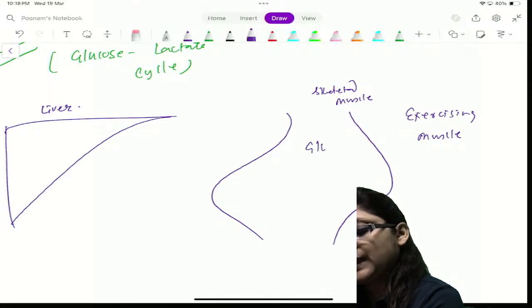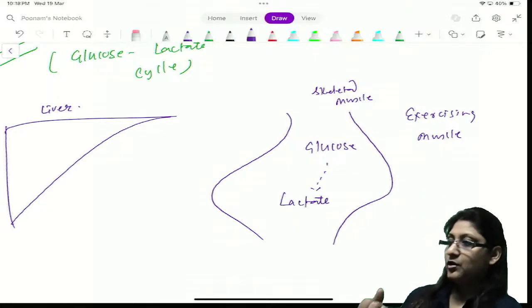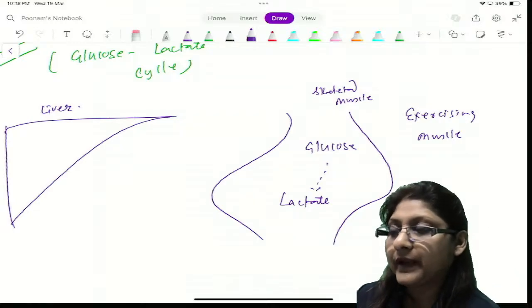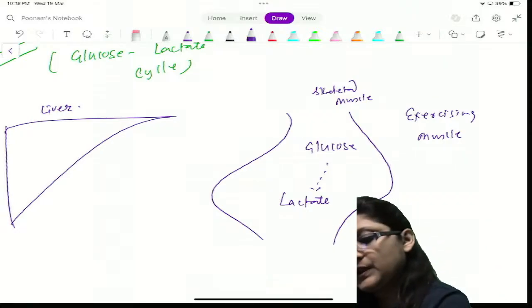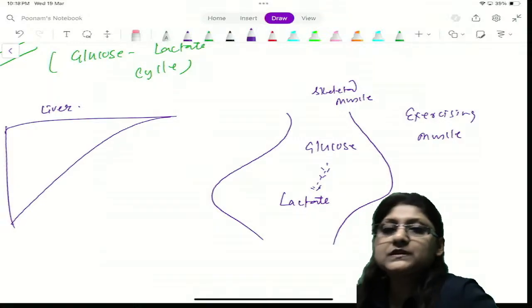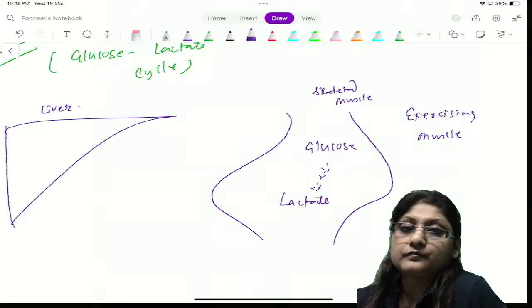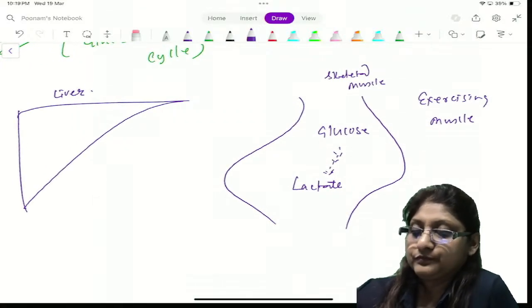During this time, what is happening? The glucose is undergoing glycolysis, and due to contraction of muscle, the blood vessels are also getting contracted, and the oxygen supply is reduced in the muscle, resulting in anaerobic glycolysis, which means that we have generation of lactate from glucose.